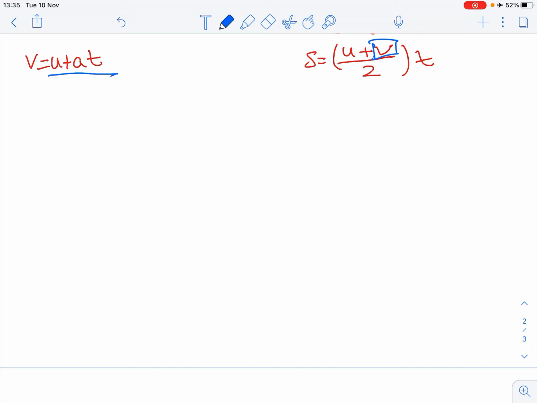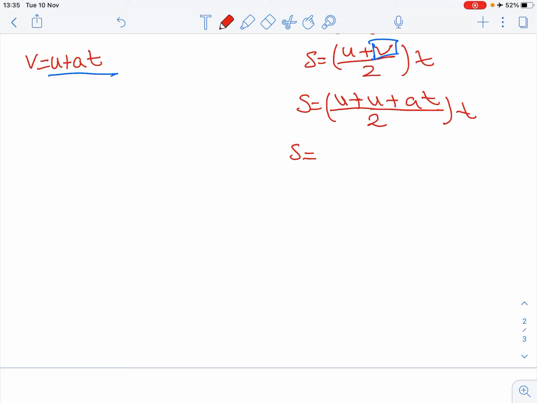We don't have to rearrange the first one because the formula already given is v equals u plus at. So s equals u plus, and v is equal to u plus at, so this is the part we're substituting in, and then we divide all by 2 and multiply by t.